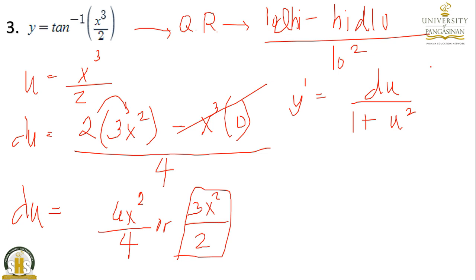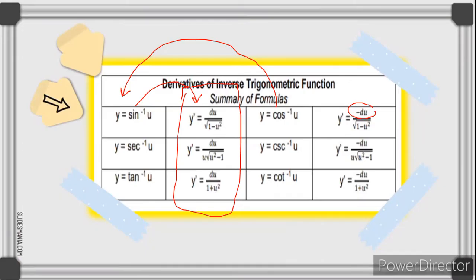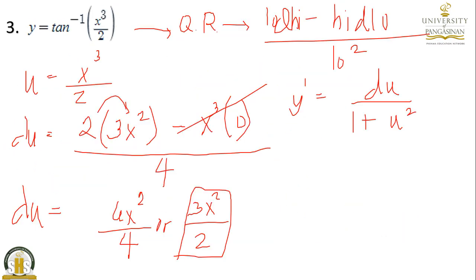The derivative of the inverse tangent, y prime, is equal to du all over 1 plus u squared. Doon po yun galing by the definition of the inverse tan. So, yun po yung magiging sagot natin.